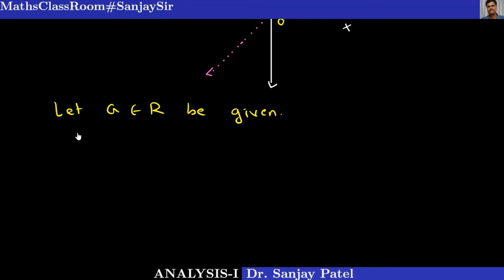I have three possibilities: A is equal to 0, or A is a rational number not equal to 0, so A belongs to Q minus 0, or A is an irrational number. Basically there are two types of numbers, rationals and irrationals, but for rationals we further classify into two cases, A equal to 0 and A not equal to 0. So there will be three cases we will be discussing here.